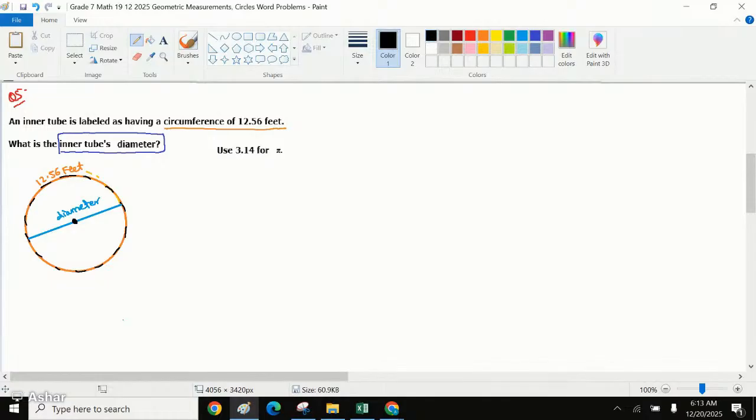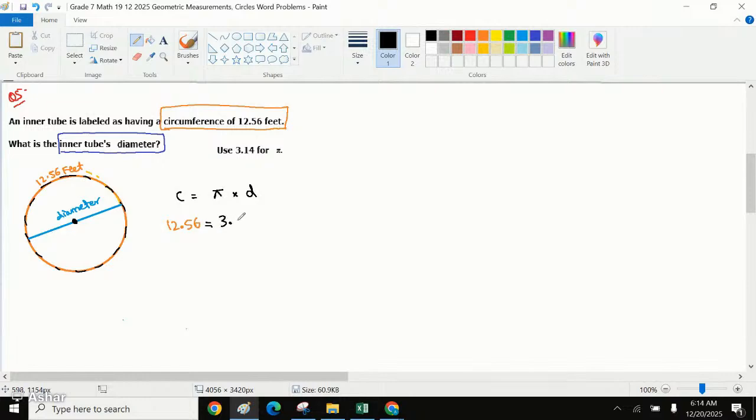So we know that the formula we can use is circumference is pi multiplied by the diameter. If the value of circumference was given to us, can we say 12.56 equals, what is the value of pi?